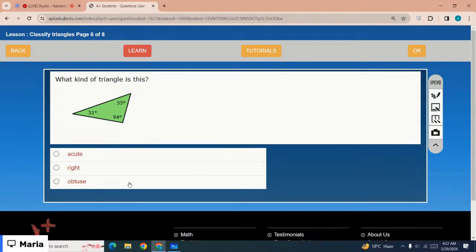The correct option is obtuse triangle, right?